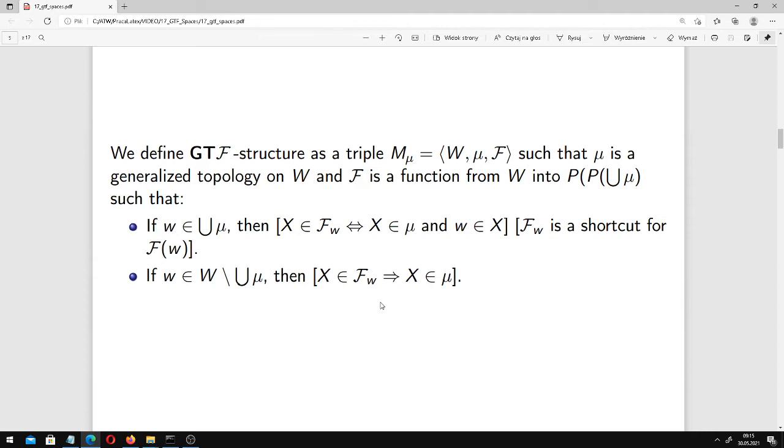If it is in F(w), then it means that it should be open in the sense of the mu generalized topology. So this is just an arbitrary mapping. Each small w which is beyond any open set gets a certain family of open neighborhoods, which are somewhere inside this set.